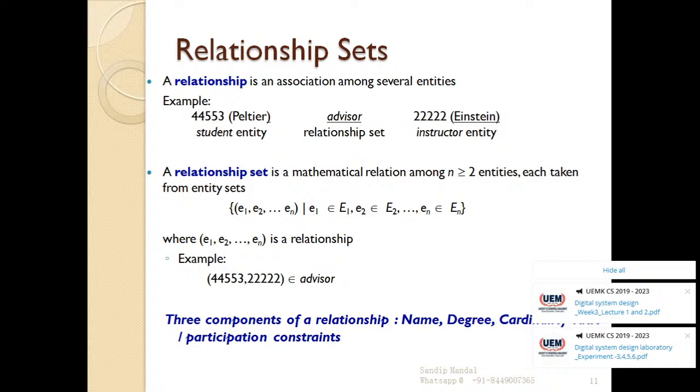The same thing can happen with more than two entity sets. Currently I am giving this example between me and any specific student from your class, one of your friends Ayush, or Shubham, or Aditya, whoever. So between me and a single student, multiple relationships exist.